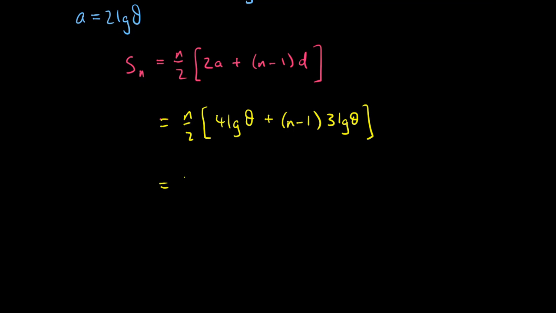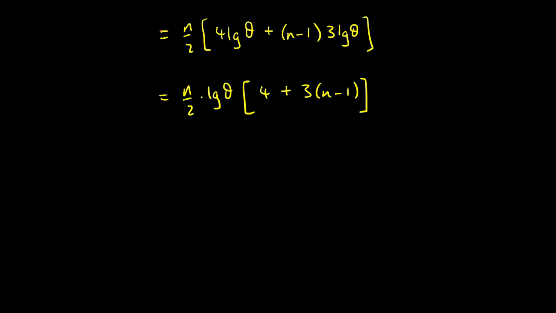So this is going to become n upon 2 times log theta times 4 plus 3 times n minus 1. And if I do that, if I simplify that bracket, I'm going to get n upon 2 log theta, bracket 3n plus 1. Okay, like that.